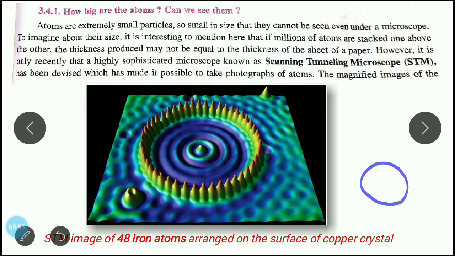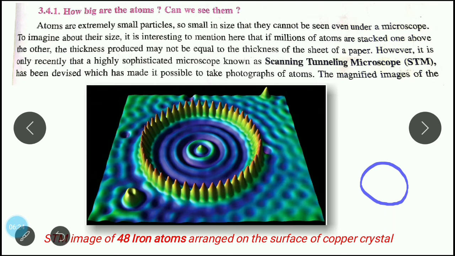However, recently a highly sophisticated microscope known as the scanning tunneling microscope, STM, has been devised, which has made it possible to take a photograph of an atom. This is how an atom looks in a photograph. These are actually 48 iron atoms kept on the surface of a copper crystal.